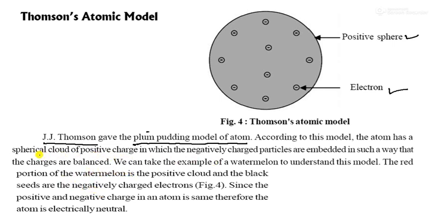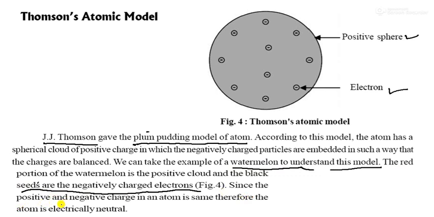And he said the spherical cloud of positive charge in which the negatively charged particles are embedded in such a way that the charges are balanced. That means negative and positive charge are the same and opposite, so they are balanced. We can take the example of a watermelon. I have told you that is the watermelon, and understand this model, and the red seeds are negatively charged electrons.